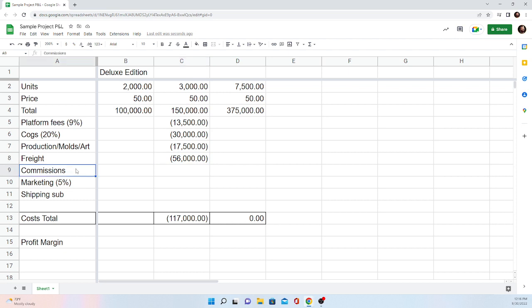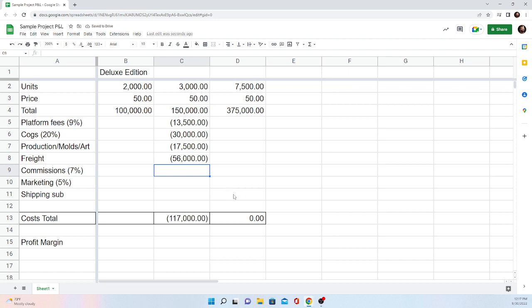Okay, so commissions are going to be taken care of. Any designer commissions, if you've worked with an artist that you're working on a commission with, whatever your commissions are, you want to plug this in here. So let's just say, for easy math, you have a 7%. That's not 75. That'd be too much. That'd be strong. You'd have all the designers wanting to work with you.